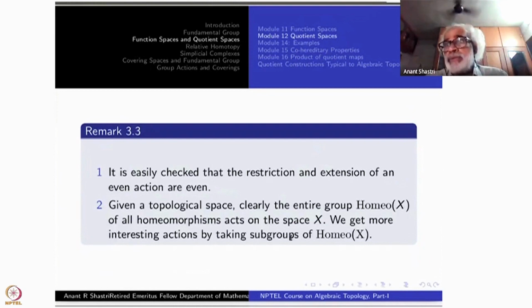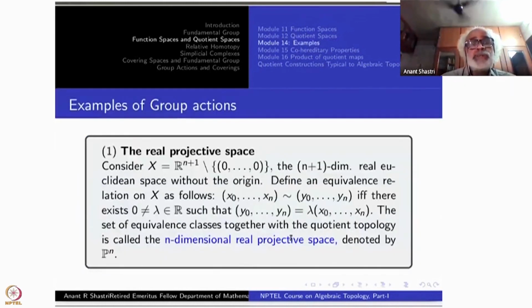They are homeomorphisms. So which subgroup you take will define the symmetry of X. So let us stop here, and next time we'll see examples.